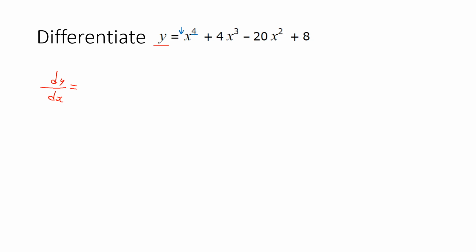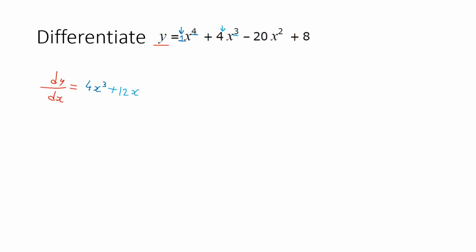So here we've got x to the power of 4, and here is 1, so this is just going to be 4x cubed. Then the next number is going to be 3 times 4, which is just going to be plus 12x.